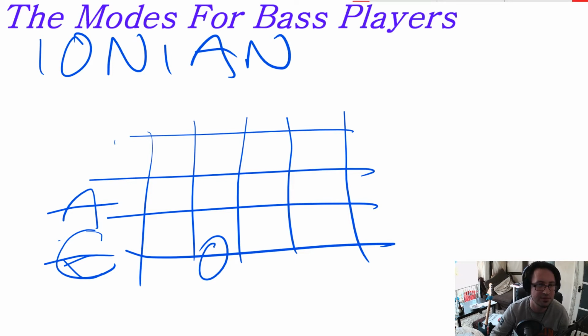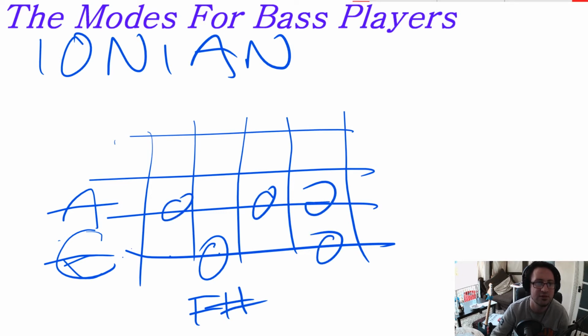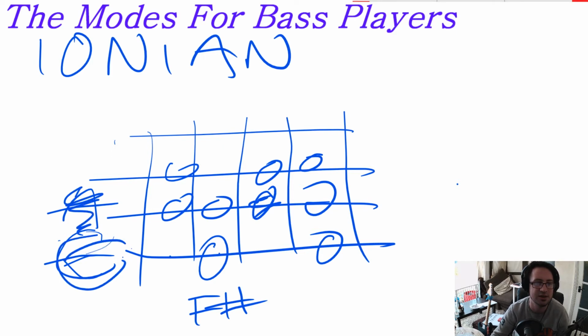So say this is E, and then we've got F, and then F sharp. If we're in F sharp and we play the major scale, it's still the same pattern.